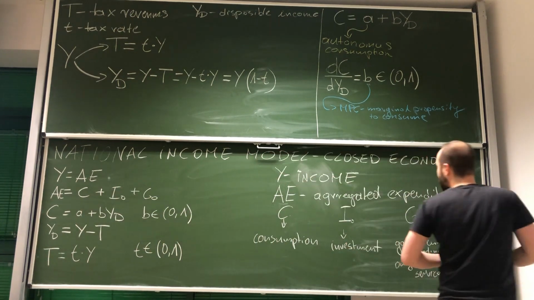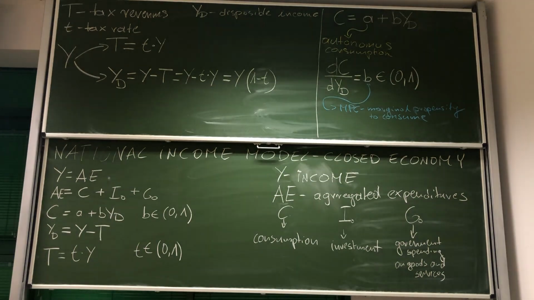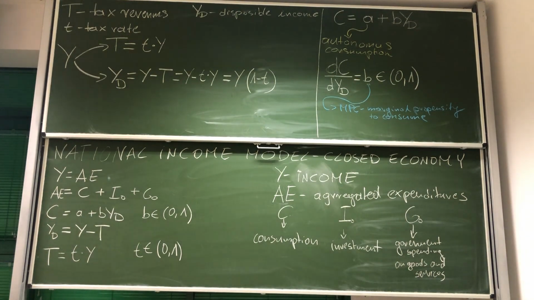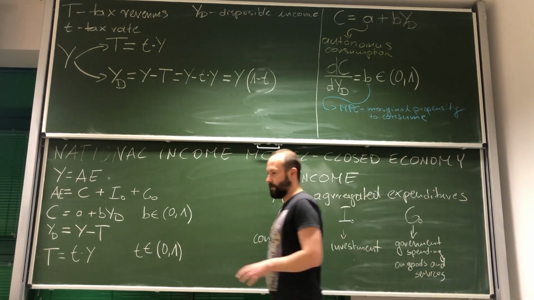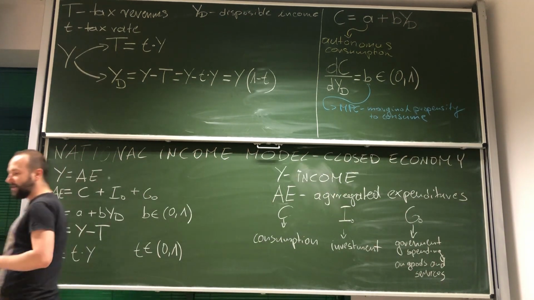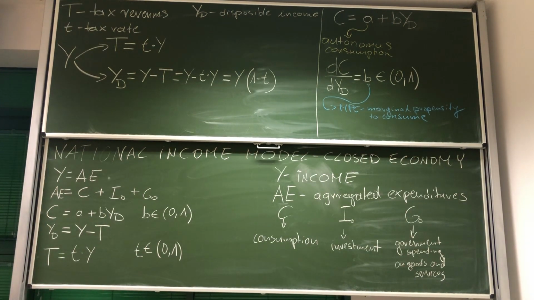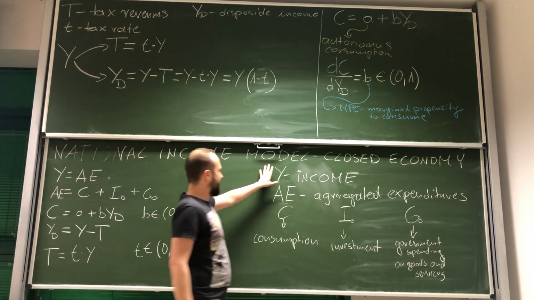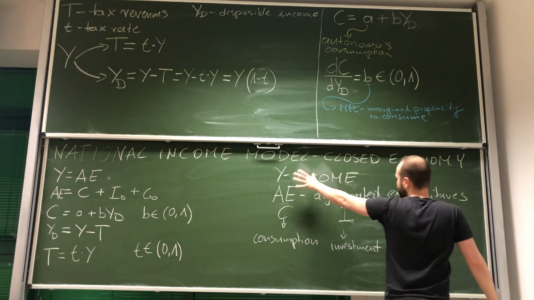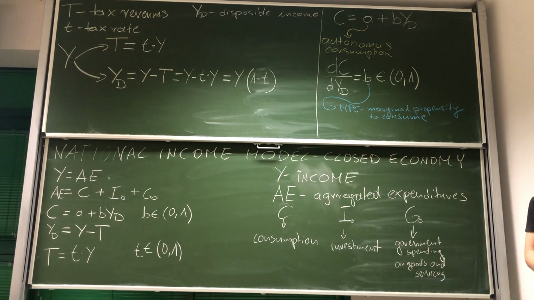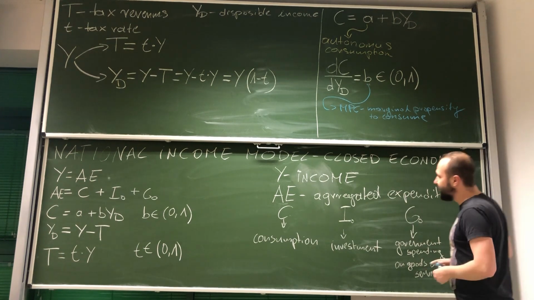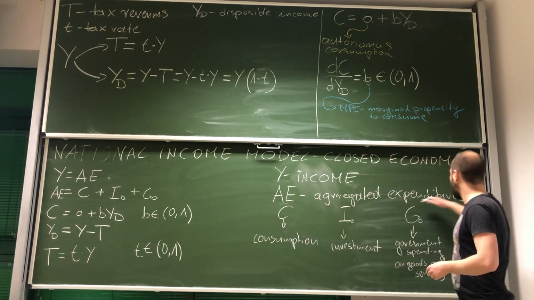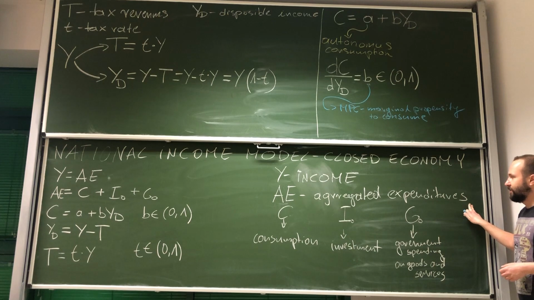If we talk about equilibrium, we need to have some equilibrium condition. And in the national income model, we say we've got equilibrium if the income of all the households in the economy is exactly equal to the level of aggregated expenditures.